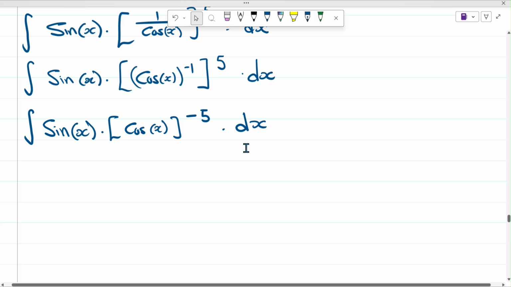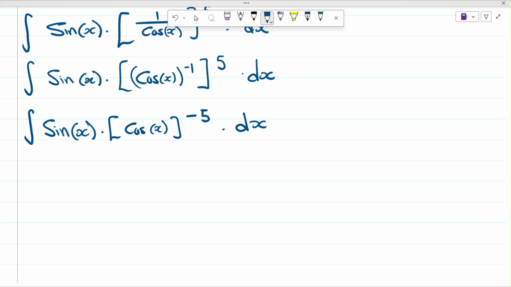Okay, so now we can see that this thing is nice, right? So if we can let cos of x be our f of x, then can this be f prime of x? Yes, but then it's incomplete, because when we differentiate cos of x, we get negative sine of x.